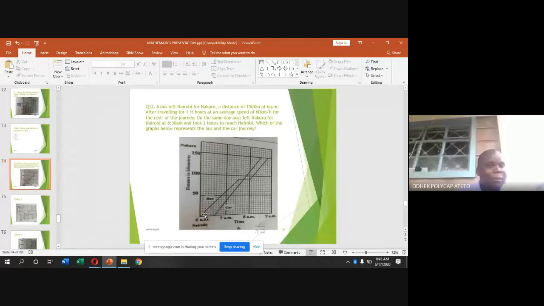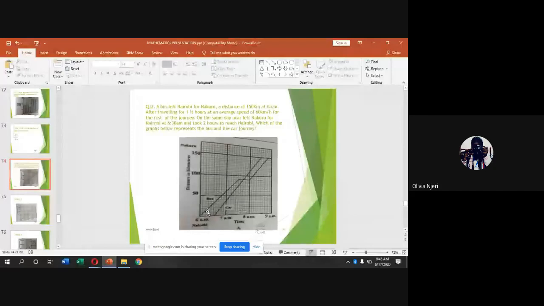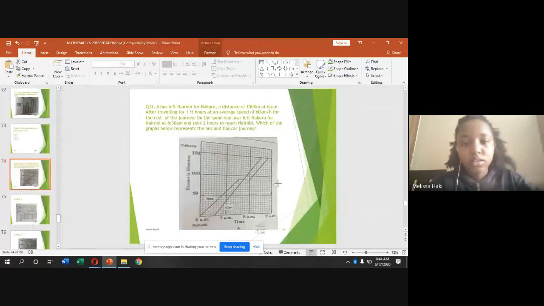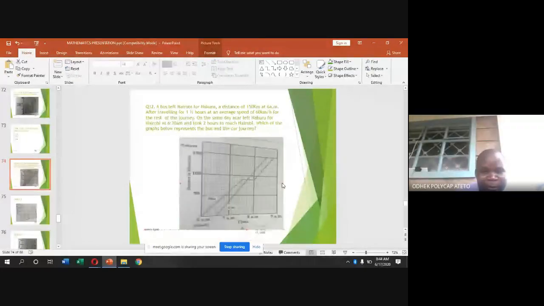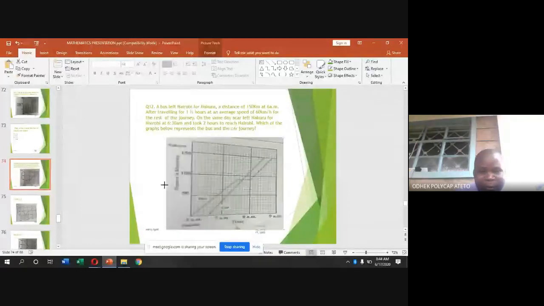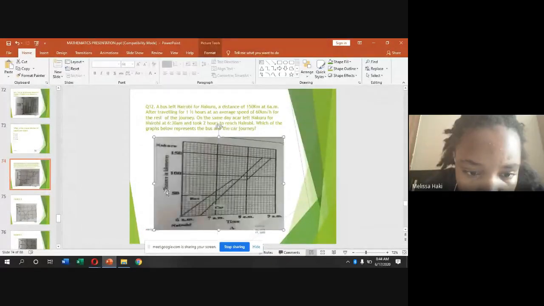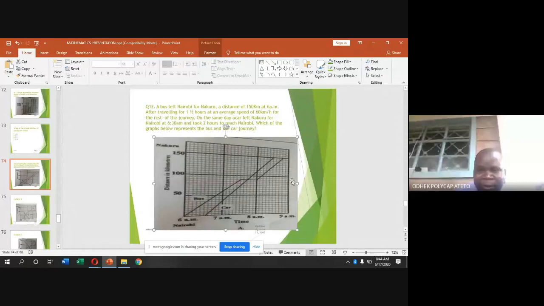Melanie, how many small boxes are inside the scale? Are you seeing them? It is not that clear. Yes, I've just increased it.